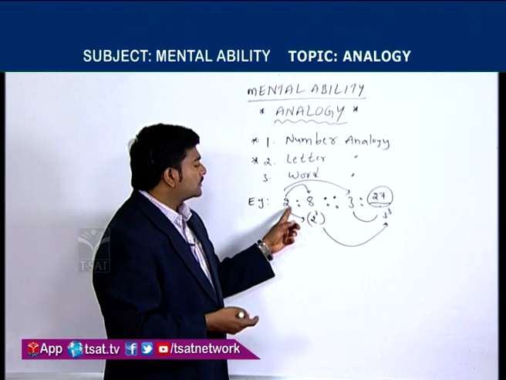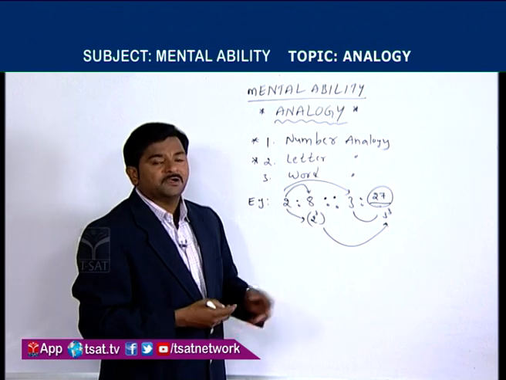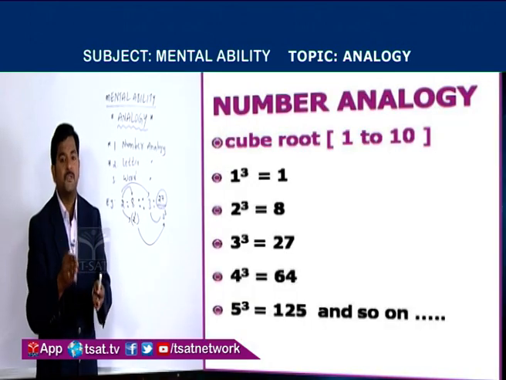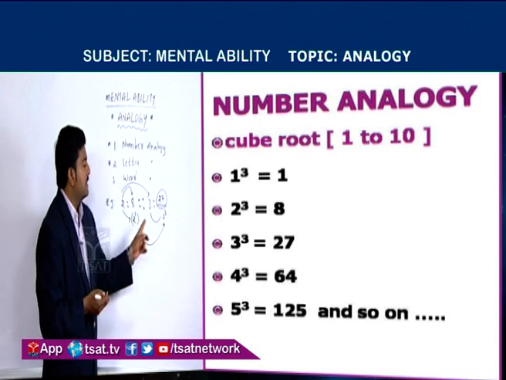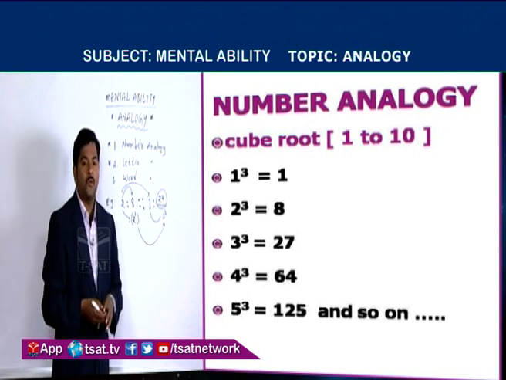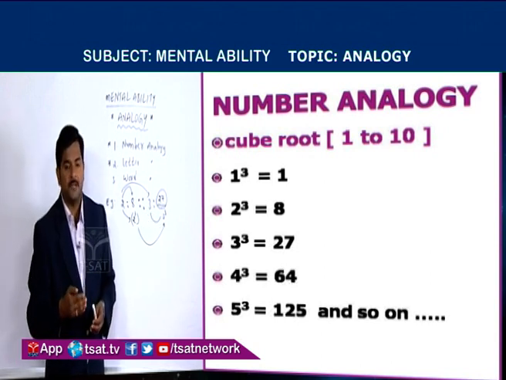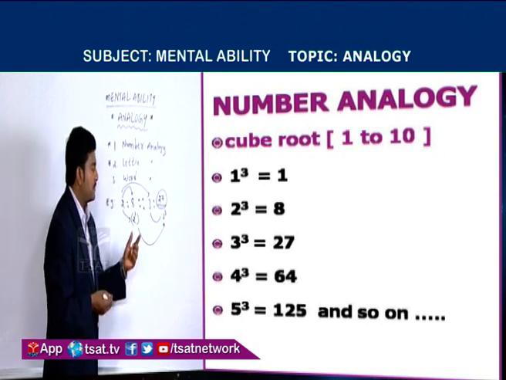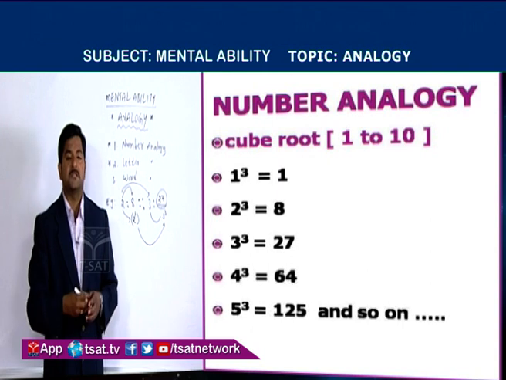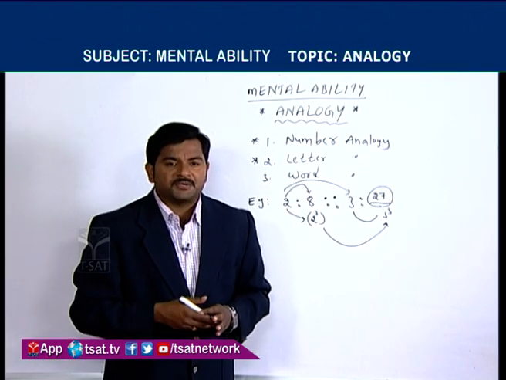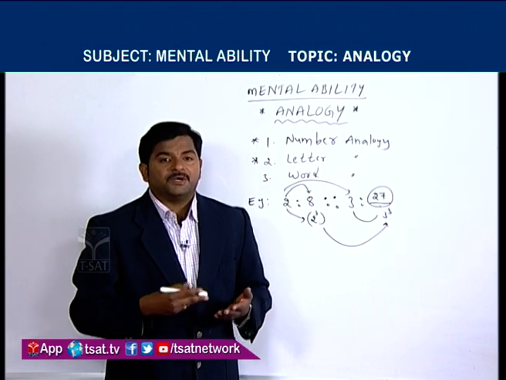What does it mean? Here the concept involved is number to number cube. Similarly, here 3 cube means 27 you will get. 90% of the questions from this analogy topic can be solved directly by using this concept. But in rare cases, sometimes we may not get it by using this concept.